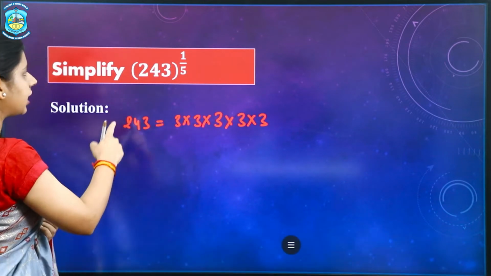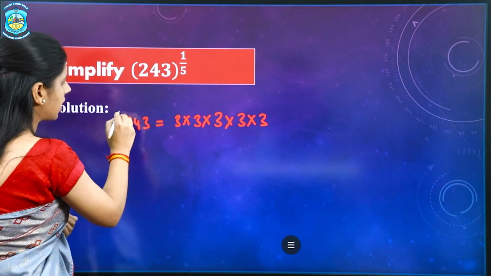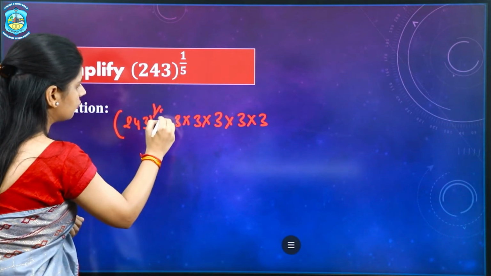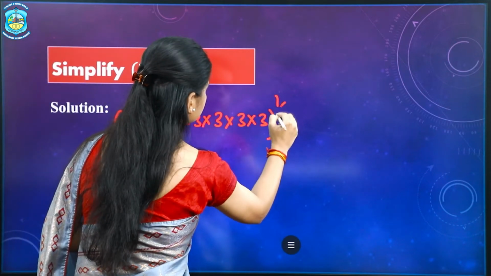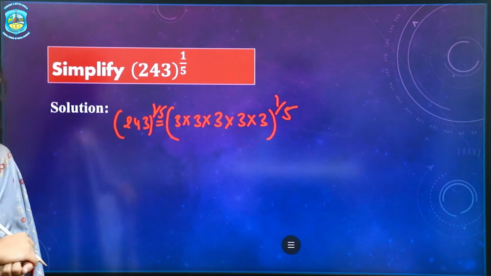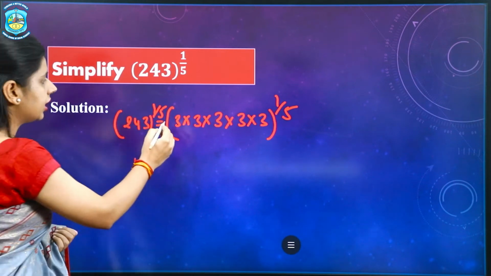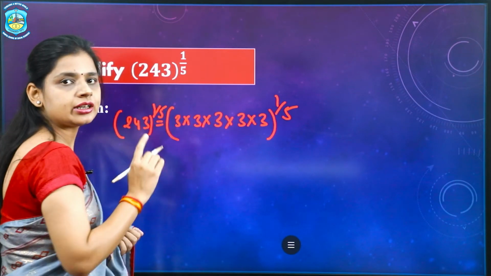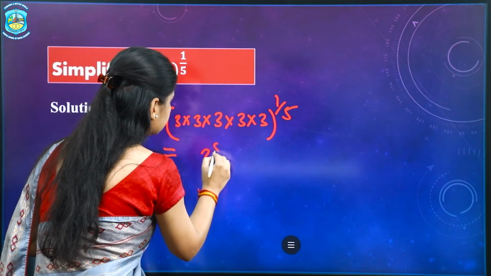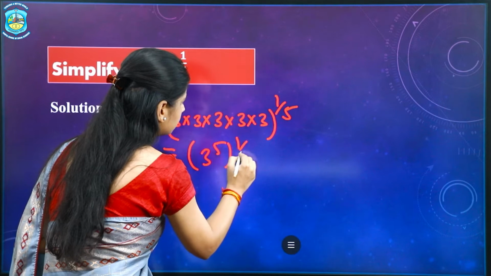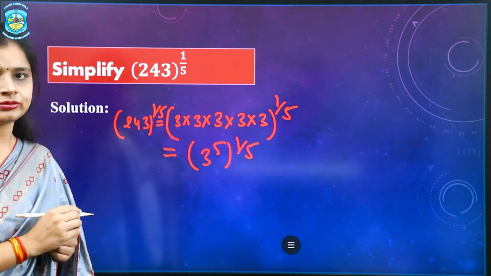Now we have to find the 1 by 5th power of this 243. So we'll write it as, now here this 3 is multiplied with 3 up to 5 times. So we can write it as 3 to the power 5 to the power 1 by 5.